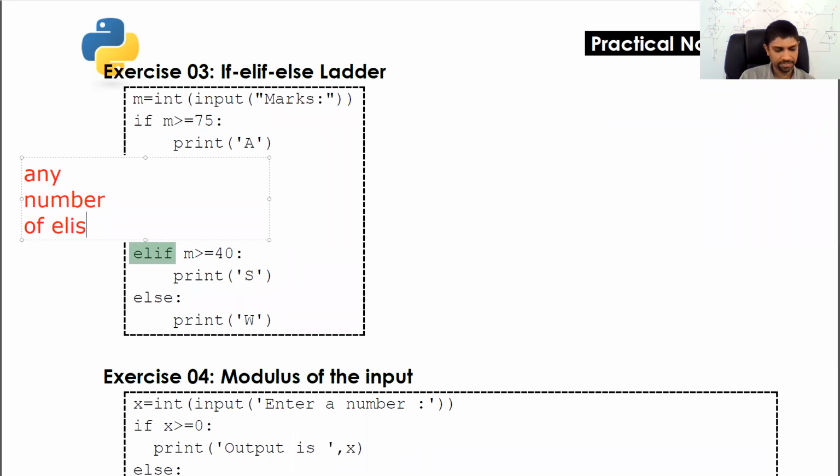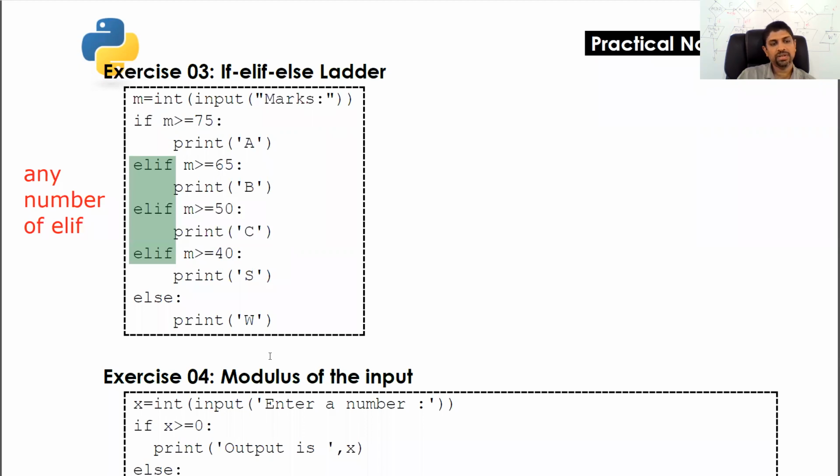Again, it is optional. The else statement is also optional. So there can be any number of else if statements, and both else if and else are optional. There is no problem even if you don't put either of them.